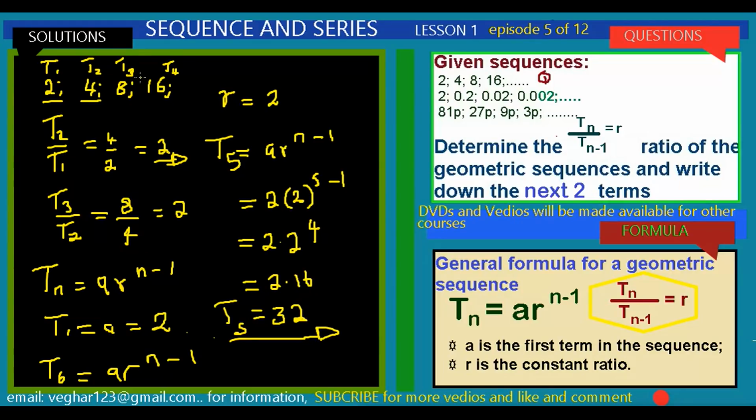Term number 3 is 8, term number 2 is 4, and you get your value of r. So you are proving that r really is 2. Because the second one confirmed it is correct, we use r as 2.